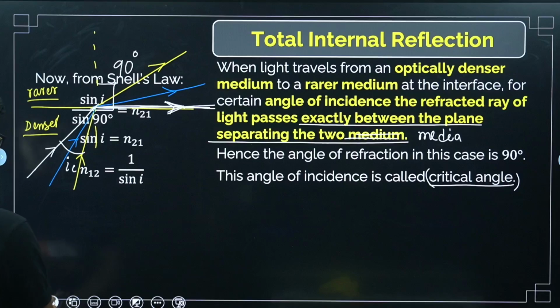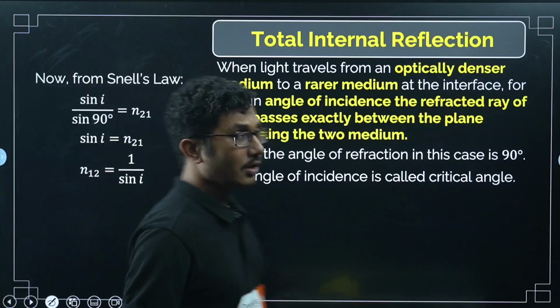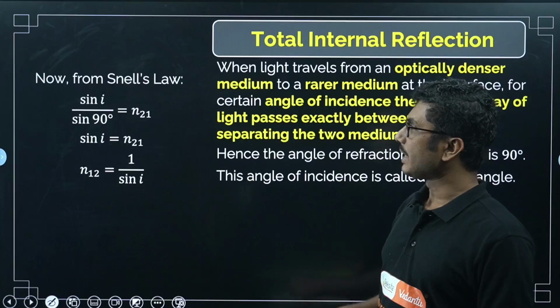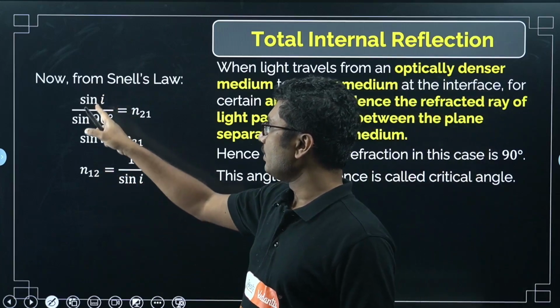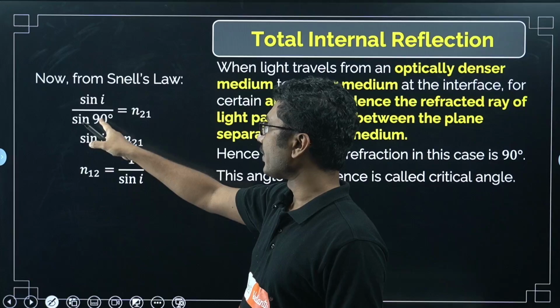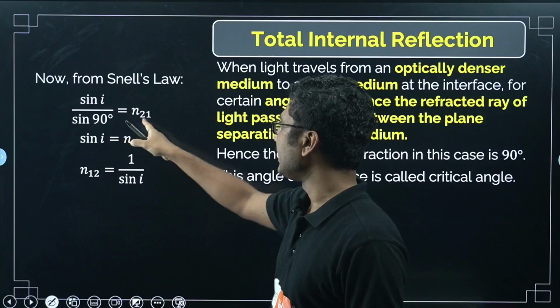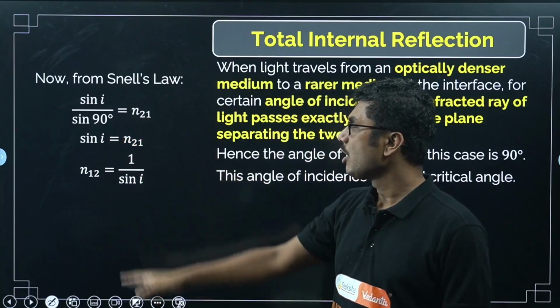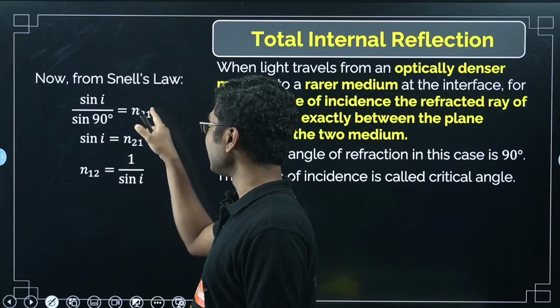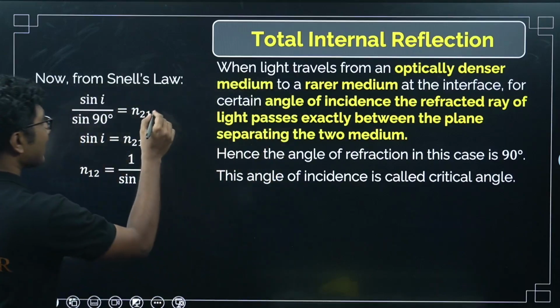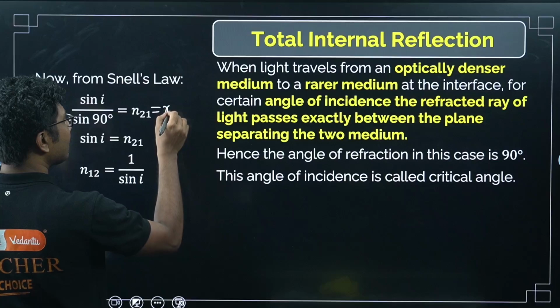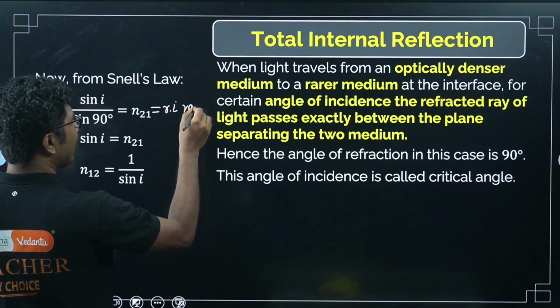Now, from Snell's law, what we can write is sin i by sin r, where the angle of refraction is 90 degrees. So sin i by sin 90 is the refractive index of the second medium with respect to the first medium. This is the refractive index of the rarer medium, right?